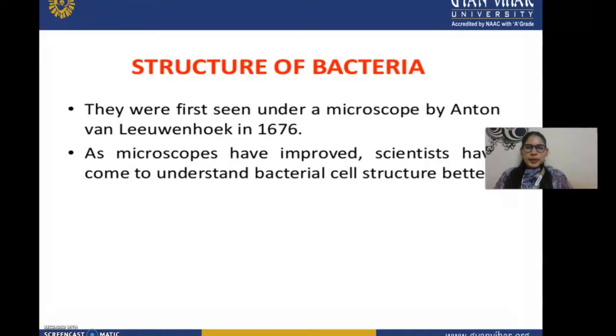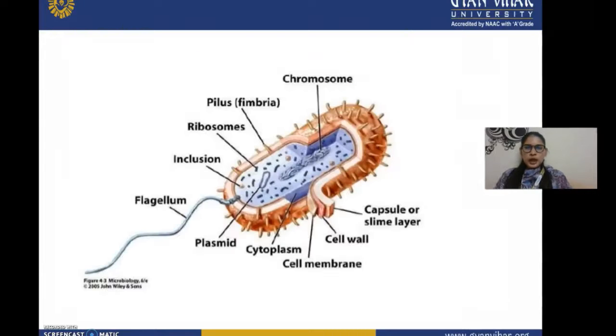Now, the structure of bacteria: they were first seen under a microscope by Anton van Leeuwenhoek in 1676, and as microscopes have improved, scientists have come to understand bacterial cell structure better. As you can see, this is the simple structure of a bacterial cell.